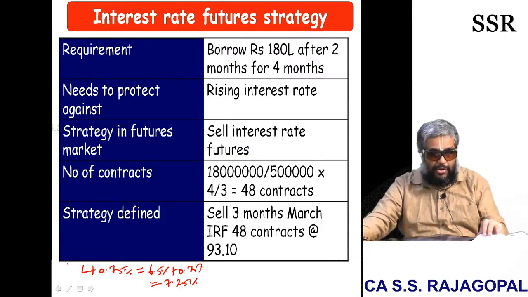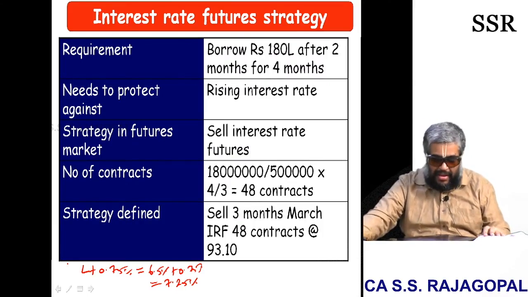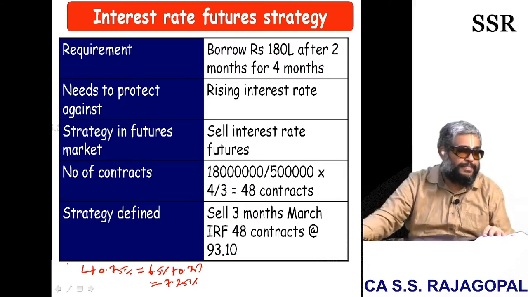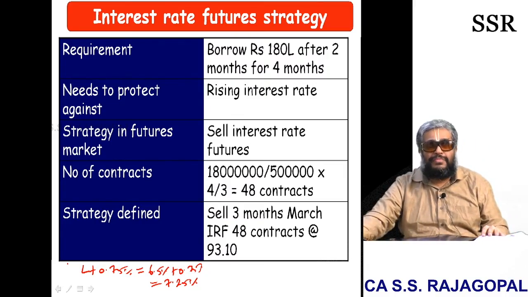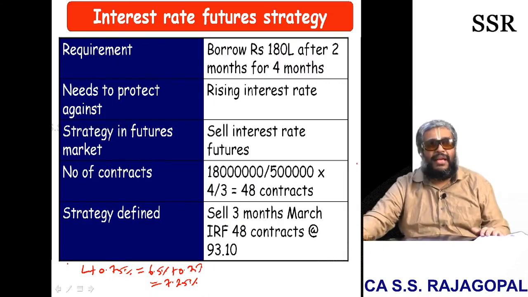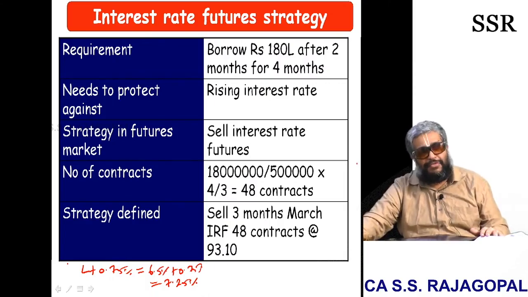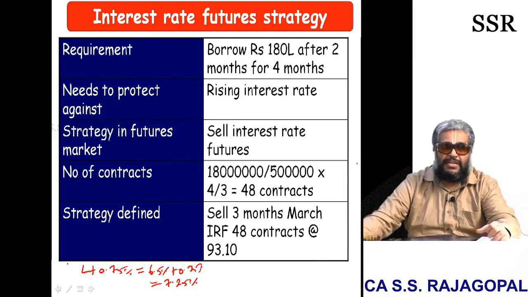Okay, continue to write. Same step one. Target interest, underline that. The company can borrow at LIBOR plus 0.75%.